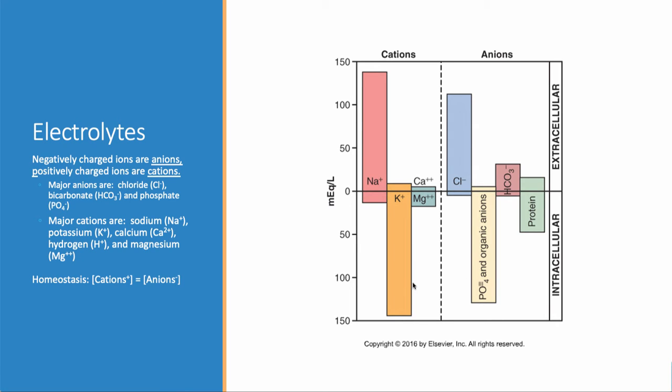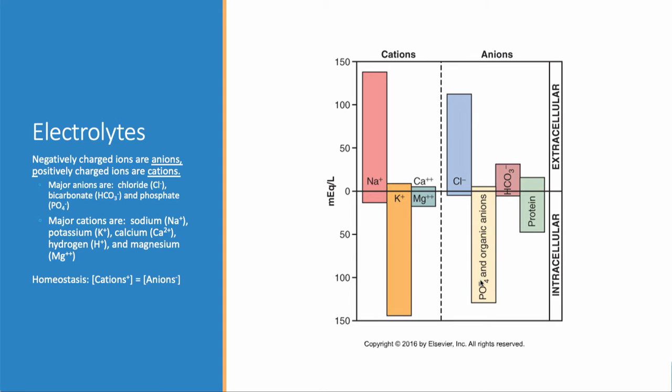Well, we remember from talking about neural signal transmission and cardiac dysrhythmias, etc., that the majority of the cation that's extracellular is sodium, and the majority that's intracellular is potassium, right? Well, there's also anions that go along with those.